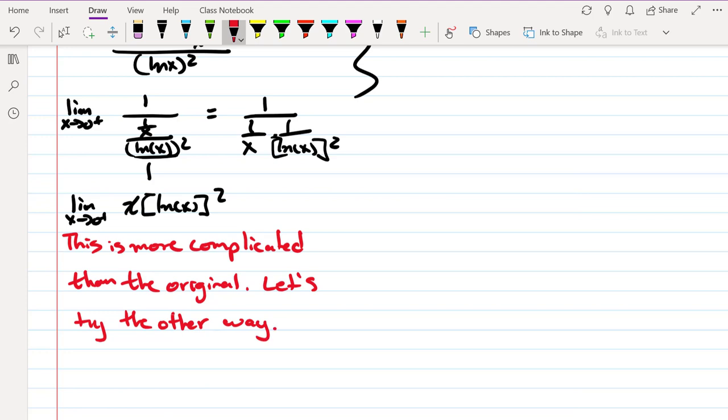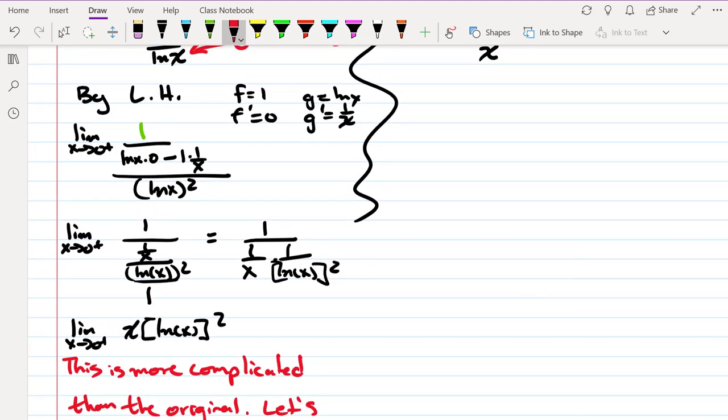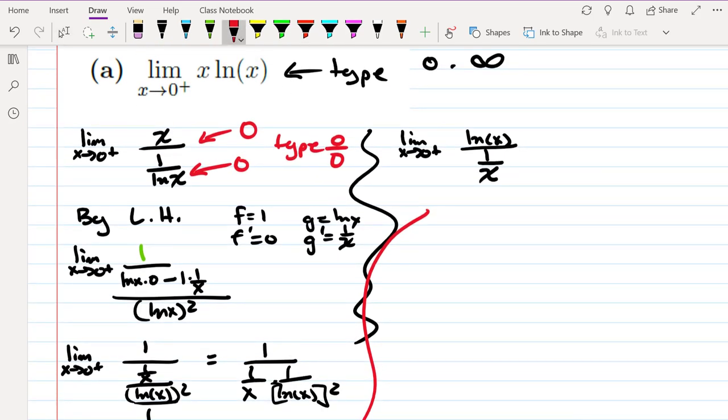If you're doing a problem like what we were just doing, and after doing it, you realize it's getting more complicated instead of less complicated, we do have an alternate choice. So let's go ahead and apply L'Hopital's rule to this. We need to take the derivative of 1 over x, which is the same as x to the negative 1.